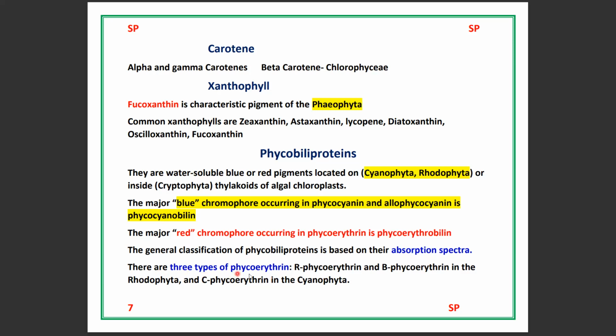There are three types of phycoerythrins: R phycoerythrin, B phycoerythrin in the Rhodophyta, and C phycoerythrin in the Cyanophyta.